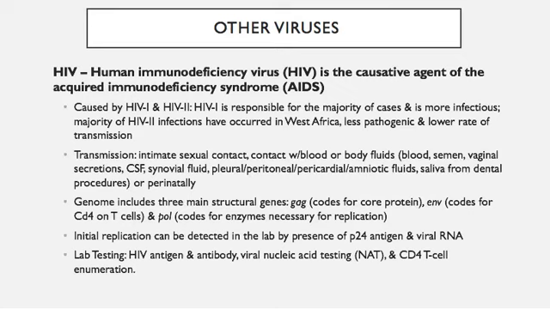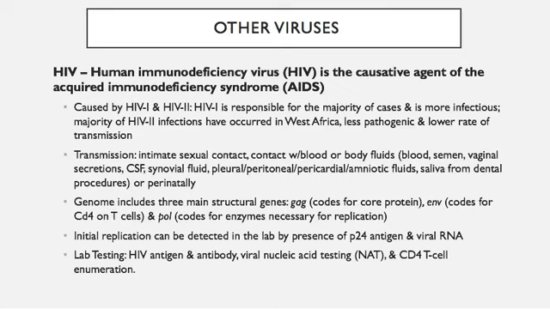The genome includes 3 main structural genes. So we've got the GAG, which codes for the core protein of the virus, the ENV, which codes for CD4 on T cells, and POL, which codes for enzymes necessary for replication.